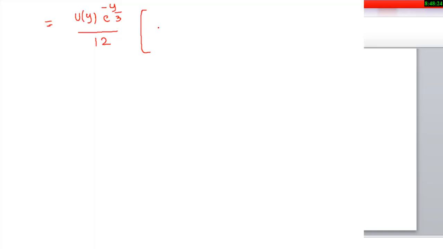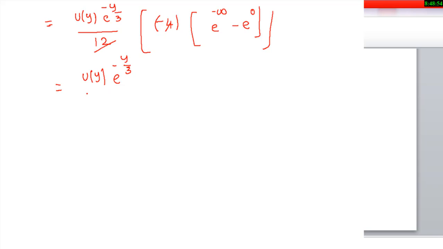Now let me substitute the upper limit and lower limit. The term of the denominator, that is minus 4, goes up. I'll substitute the limits. In place of x I have to substitute: e power minus infinity minus e power 0. So this will reduce to u of y e power minus y by 3. This 4 and this 12 will get cancelled and you will have 3 over here.